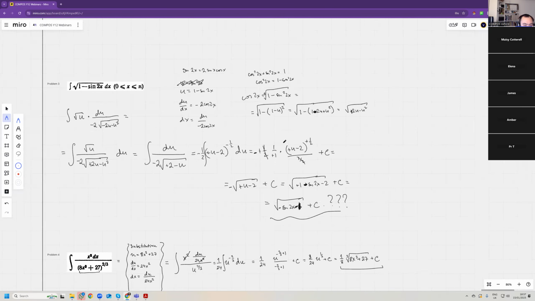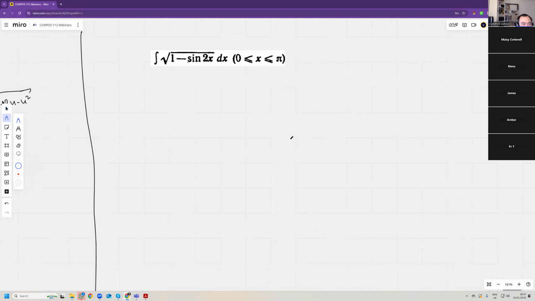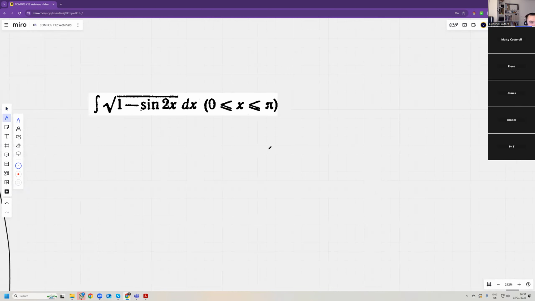I think I have a better solution. Bear with me. It must be something simple because it is from the section of simplest integrals. So I'm going to rationalize, and I'm going to multiply top and bottom by the square root of 1 minus sine 2x. So multiply top and bottom by this. What do I get?